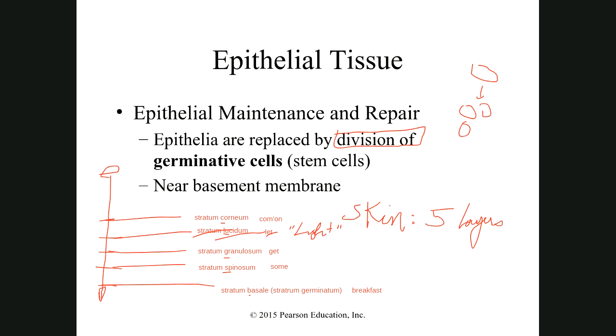So we have drugs, things like chemotherapy, okay? These are the drugs that are used to block the rapidly dividing cancer cells.